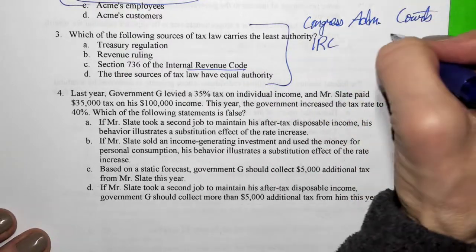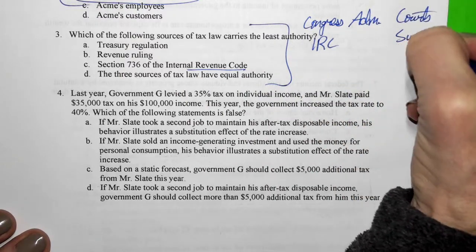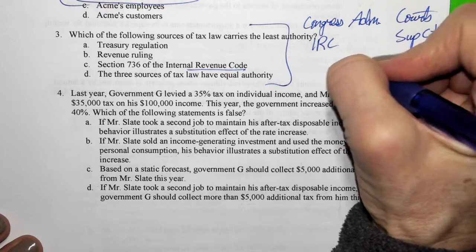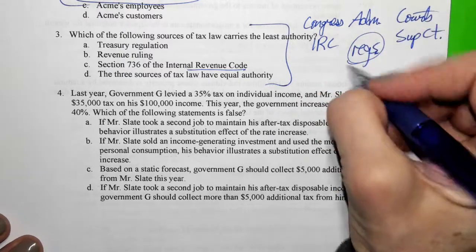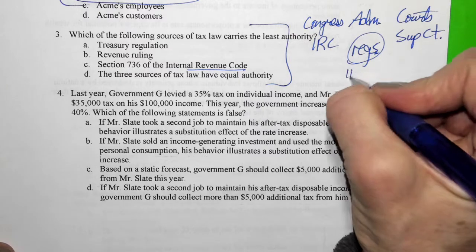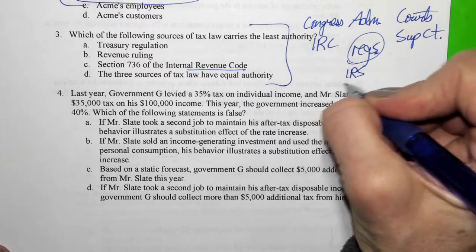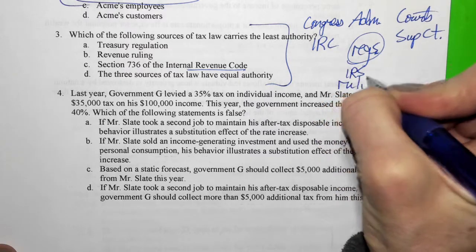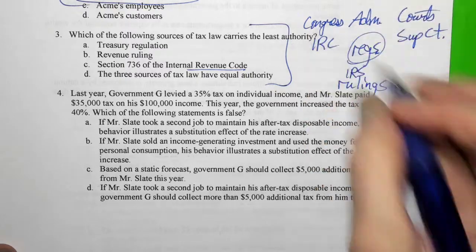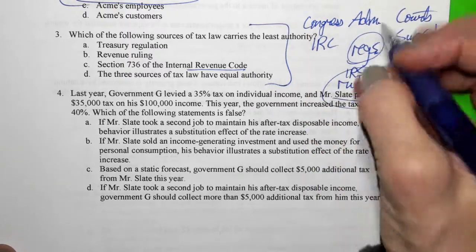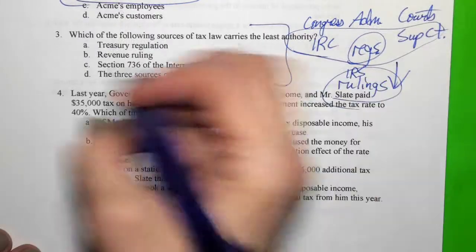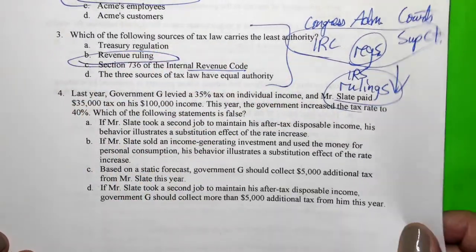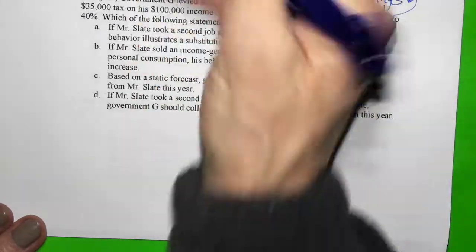You have the Supreme Court over here, and then you have regulations by the Treasury Department, and then the IRS issues rulings. From a chart point of view, this is like the lowest authority. So the correct answer about what carries the least authority is a revenue ruling by the IRS.